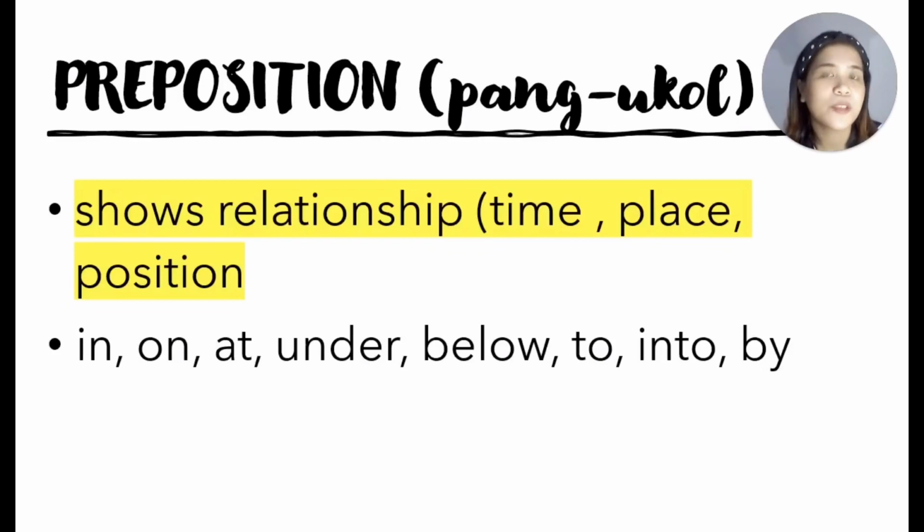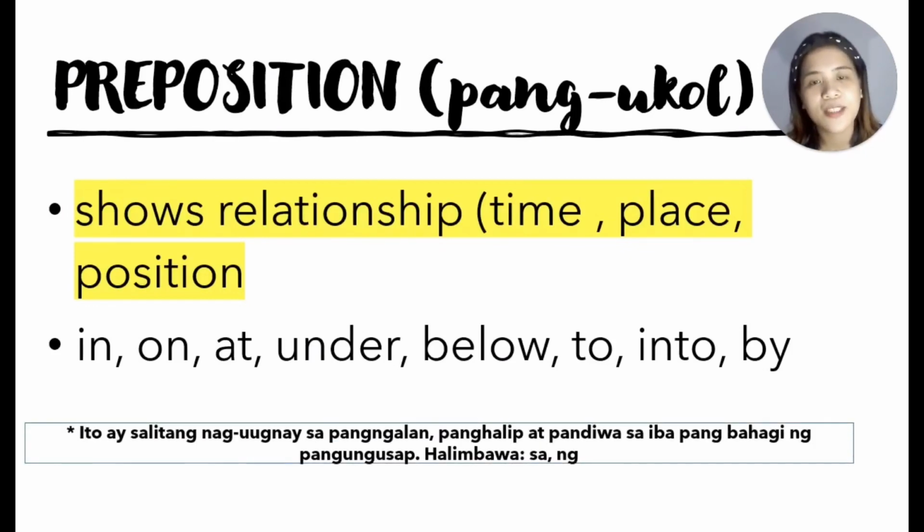So common examples of prepositions are in, on, at, under, below, to, into, and by. So sa Filipino, ito ay salitang nag-uugnay sa pangngalan, panghalip at pandiwa sa iba pang bahagi ng pangungusap. So halimbawa, we have sa and na. Sa Filipino, there are actually just a few prepositions, but in English, there are actually a lot of prepositions.